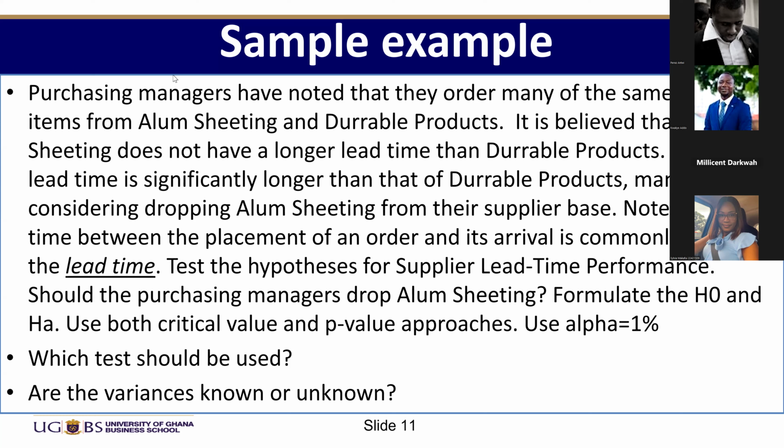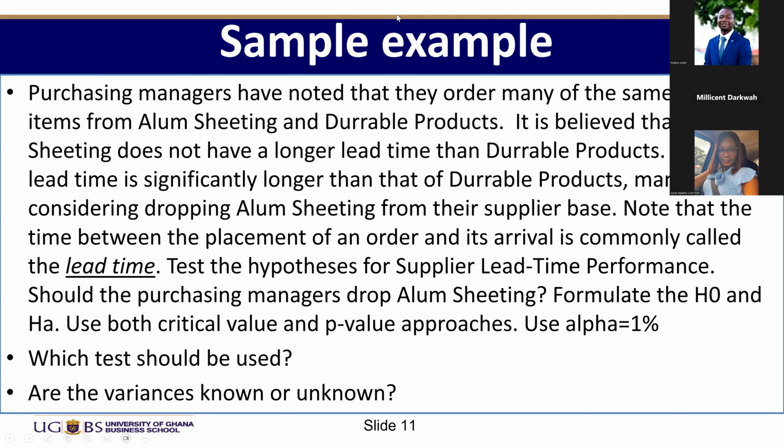So for the null hypothesis, it will be H naught: mu of the alum sheet is less than or equal to mu of the durable product. And for the alternative hypothesis, it will be HA: mu of the alum sheet is greater than mu of the durable products.